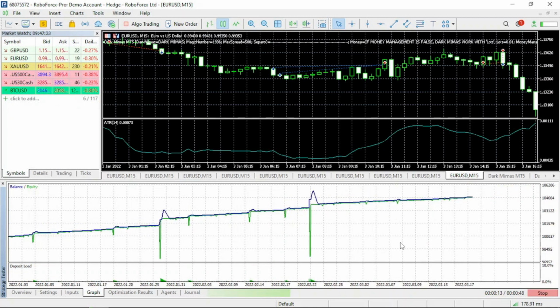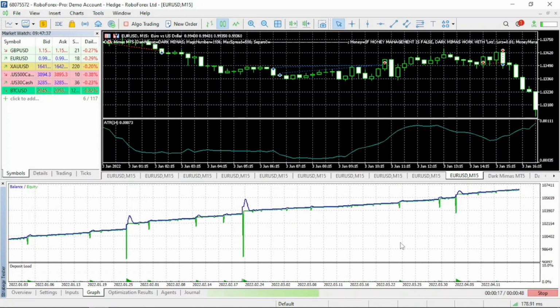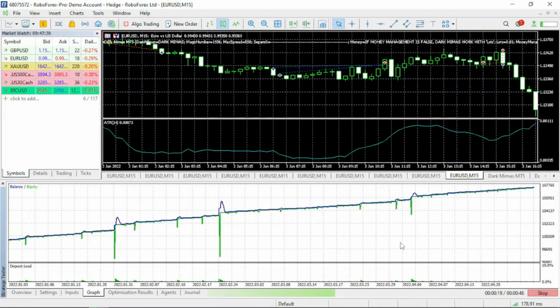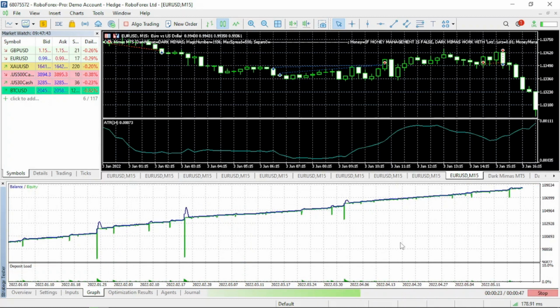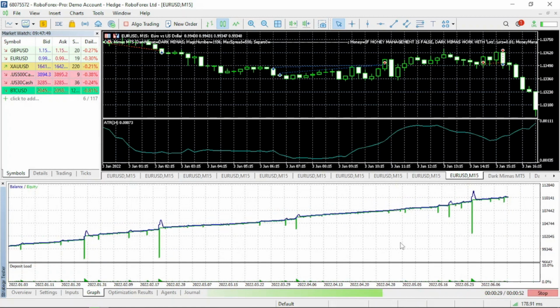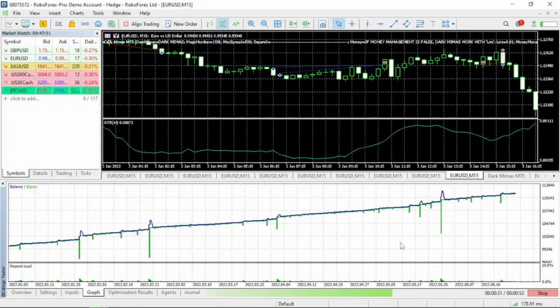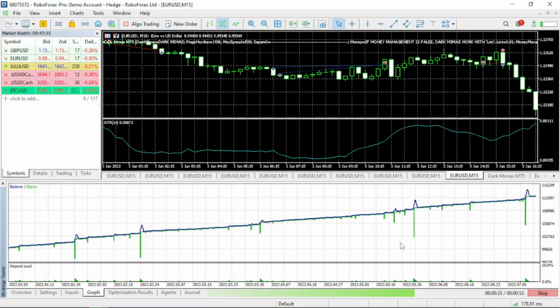Now, in recent times, we've had major news events that can alter the direction of a pair. So it is important to keep an eye on Forex Factory and make sure to check your fundamentals on a consistent basis. So with our safety net enabled, we still see the same beautiful return curve for Dark Mimas.